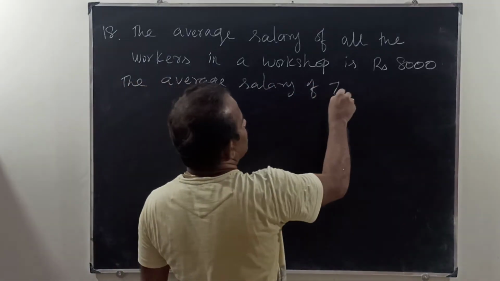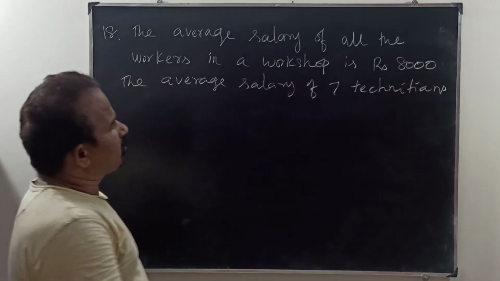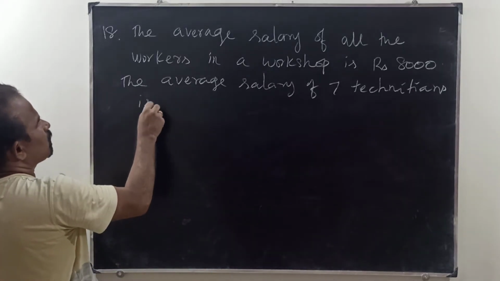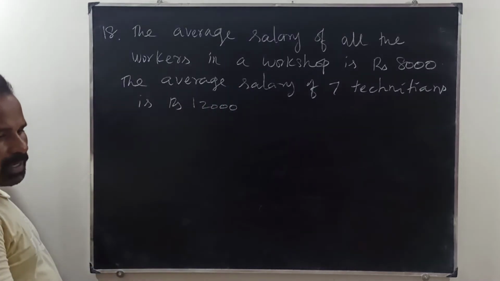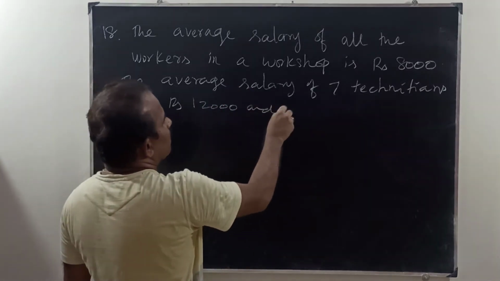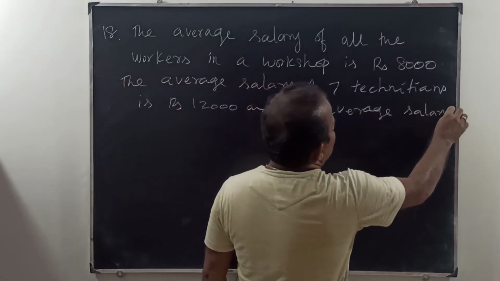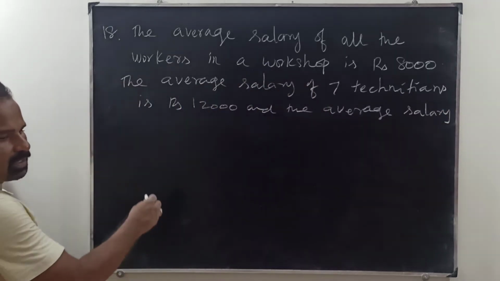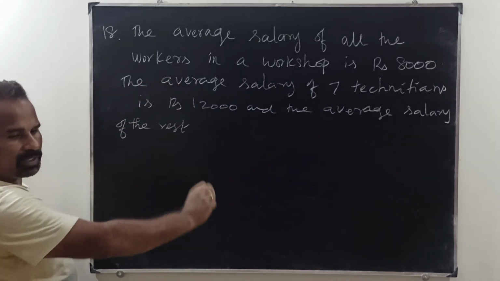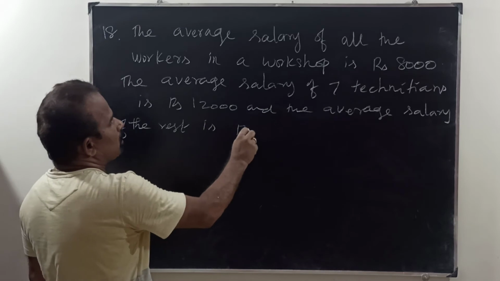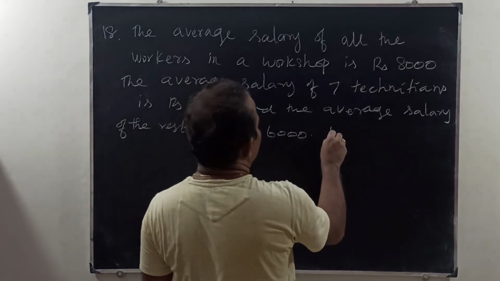The average salary of 7 technicians is rupees 12,000, and the average salary of the rest is rupees 6,000. Find the total number of workers in the workshop.